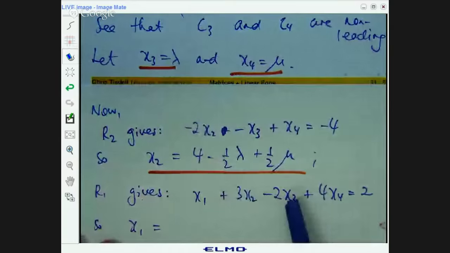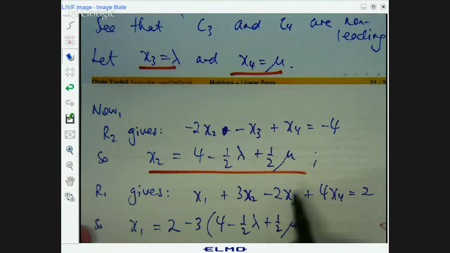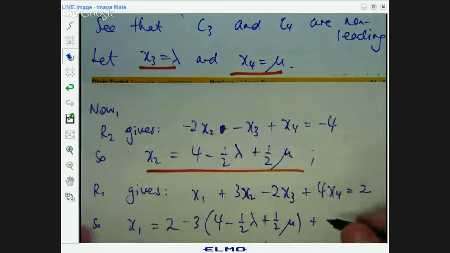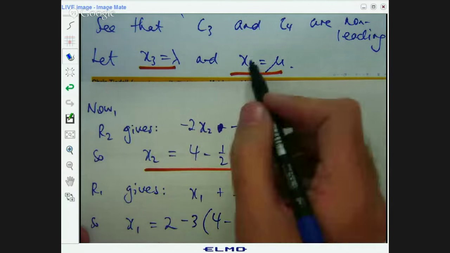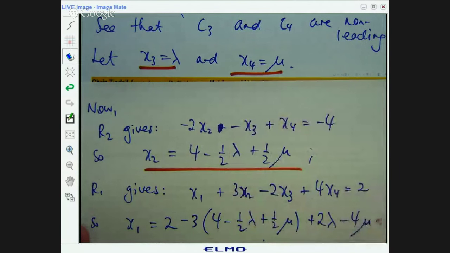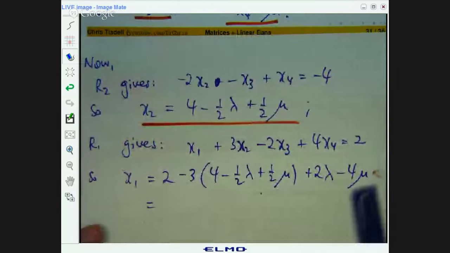So I'm going to get 2 minus 3 times x2, which is up here, plus 2x3, which is 2 times lambda, minus 4x4, which is minus 4 mu. So it's just a matter of simplifying this expression now.